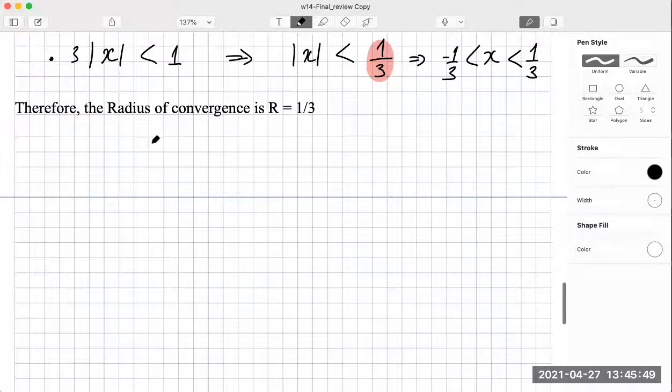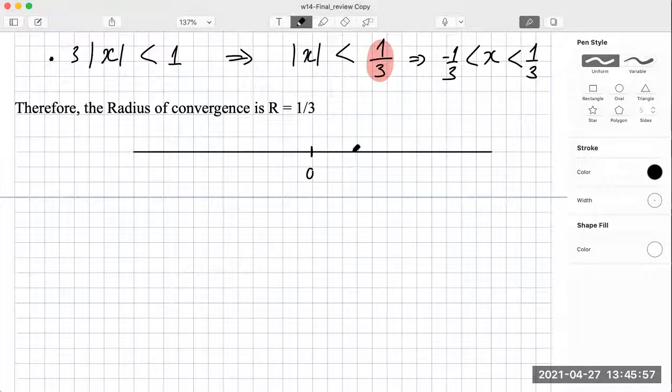Or on the real line, you can visualize it here. Absolute value of x is the distance from x to 0.